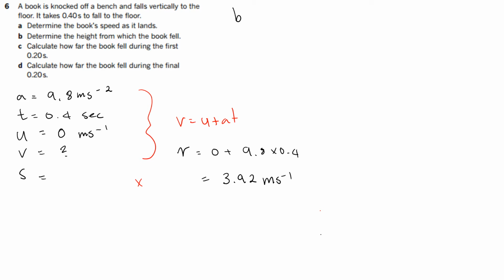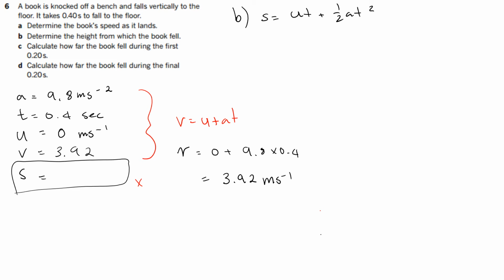Okay, part B, determine the height from which the book fell. We're trying to find s, and from here we can basically use any equation because we now have our v value. But let's use s equals ut plus half at squared. Since u is 0, we can get rid of this term and we substitute the known values.